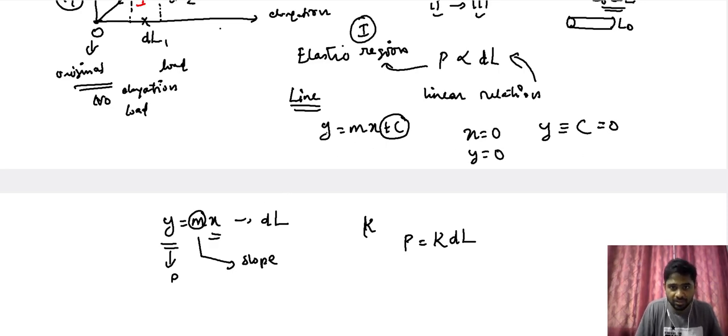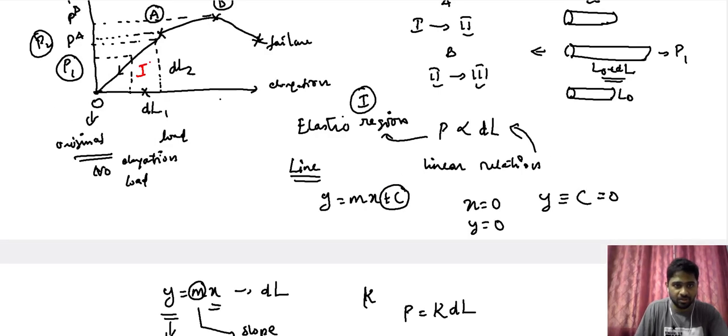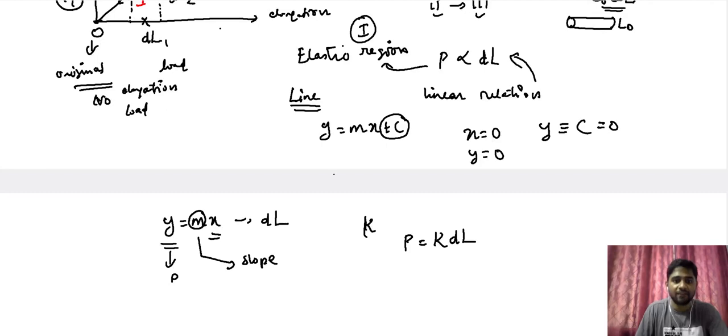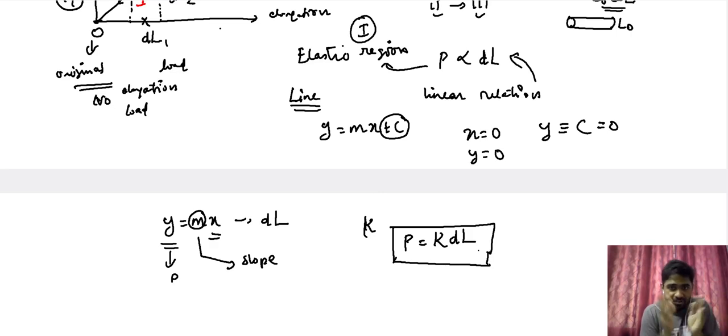We replaced y with the appropriate variable, that is the load, and we replaced x with the appropriate variable, that is the elongation, and also we replaced the slope with a suitable constant, or a suitable parameter. And this is the resulting expression to describe the straight line, section 1 of the load elongation curve.